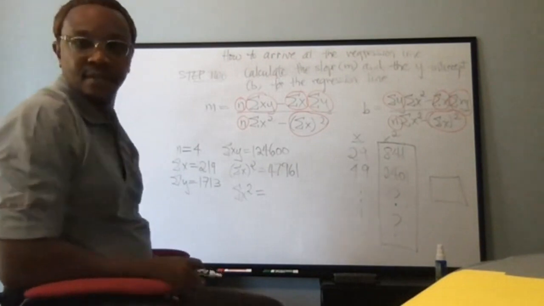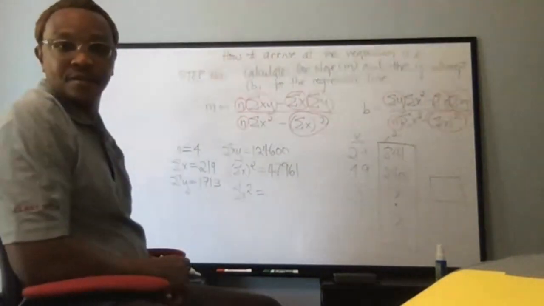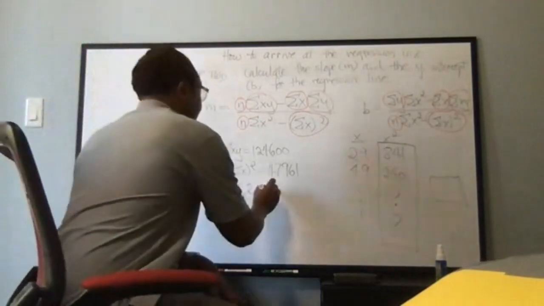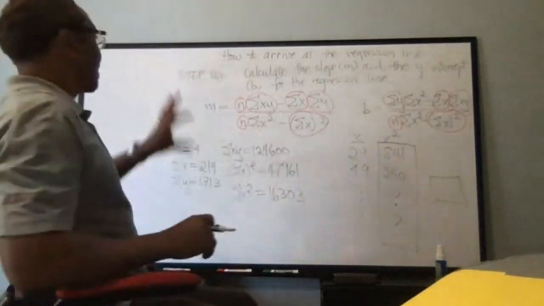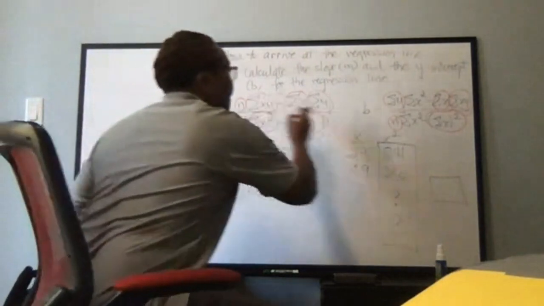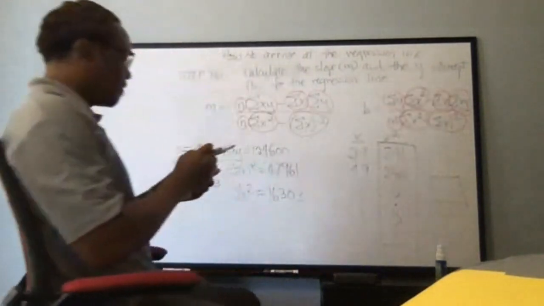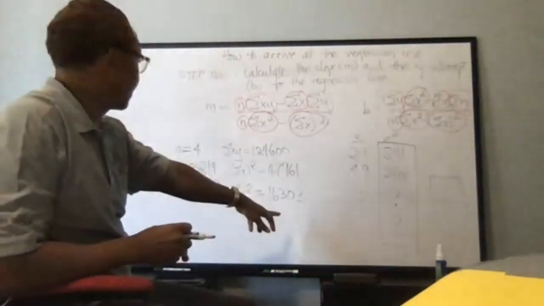Let me know what you guys get. Okay, so we have one answer. Okay, we got two. All right, so 16,303. So we have to get these different components. So we got that. We got that. So we found all the different components. So I want to make sure everybody's able to get that 16,303 there.